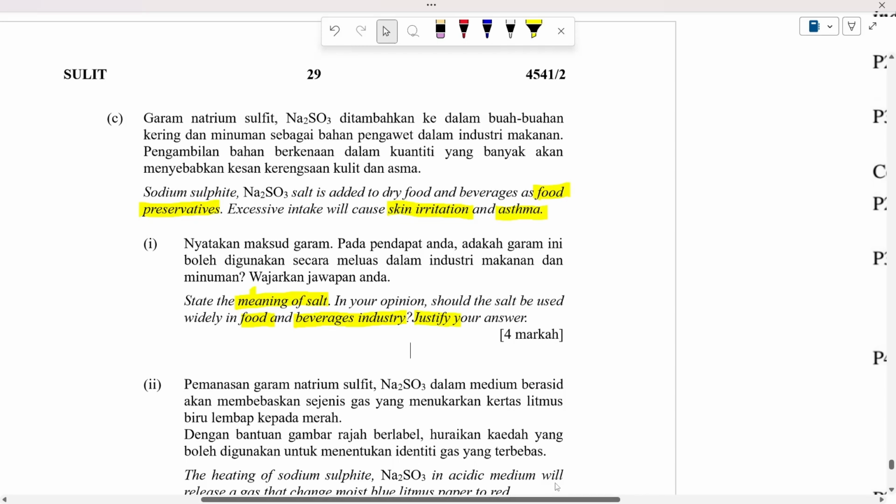Any idea? High blood pressure is a cause of health problem also, right? Expensive? If cheap you would agree already, right?